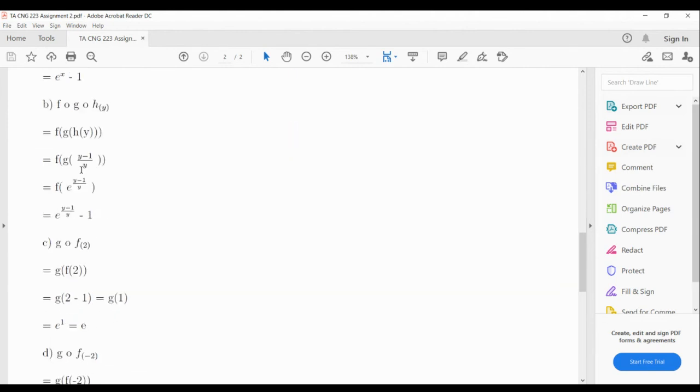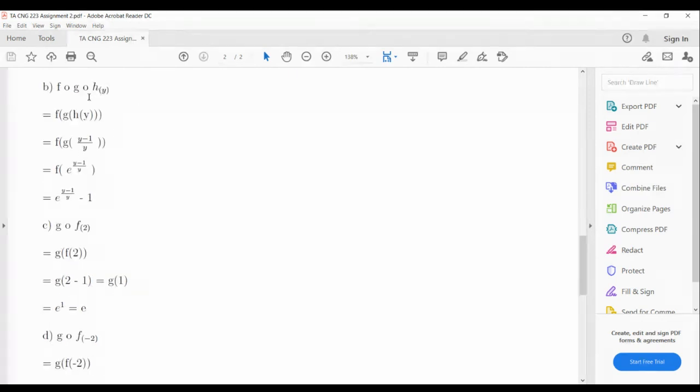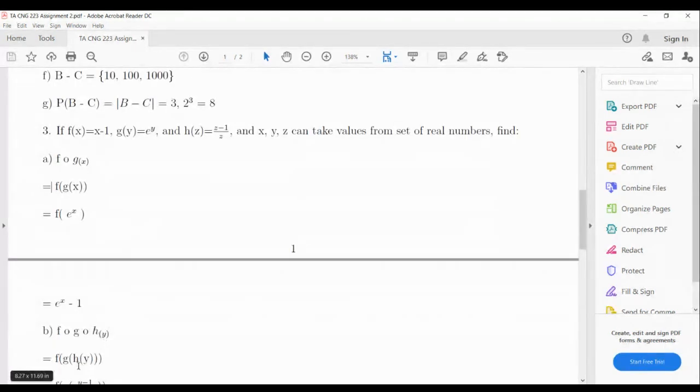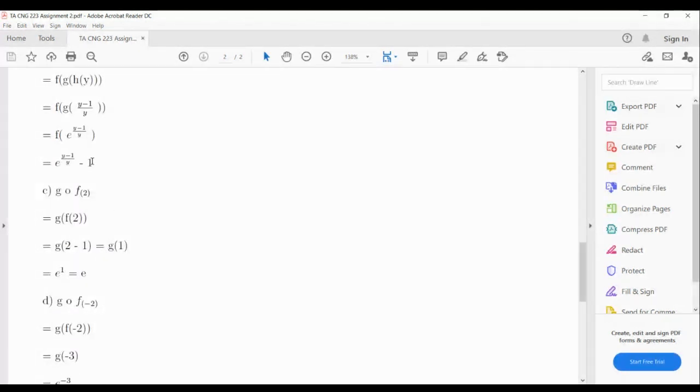Okay, so part B, f∘g∘h, and the input is y. So starting from h(y), instead of z, I just consider (y minus 1) over y. Insert it instead of g(y), so I will have e^((y minus 1) over y), and the whole thing just decreases one in f(x), and that's the final answer.